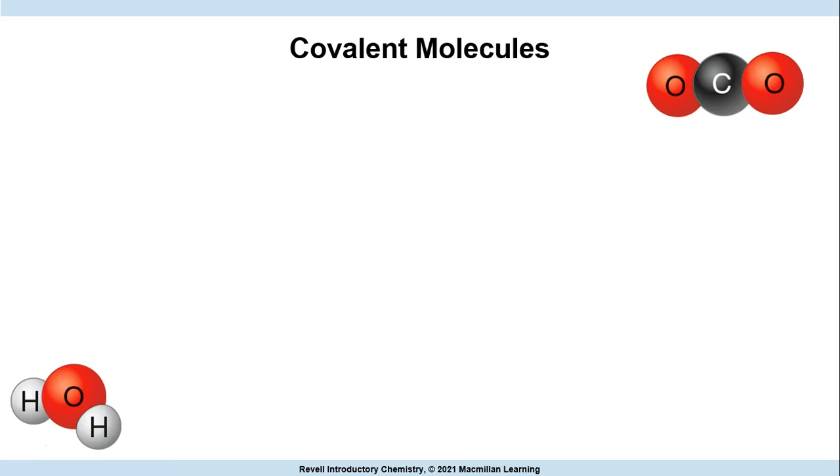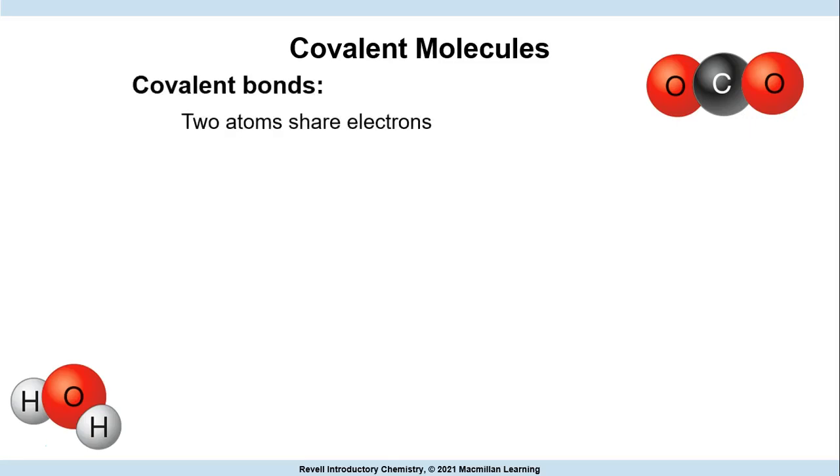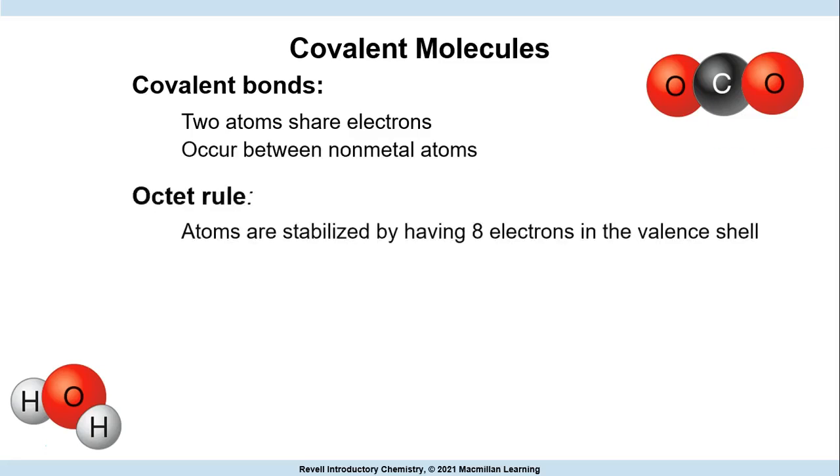So we will be looking at covalent molecules, and covalent molecules are molecules that are formed between non-metals, and the bond that is formed between non-metals is called a covalent bond. So covalent bonds are formed from two atoms by sharing of electrons, and these atoms are non-metal atoms.